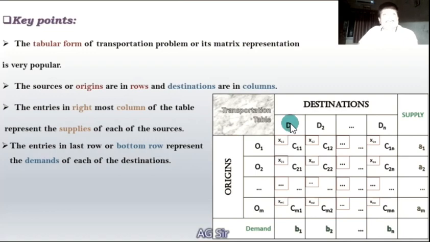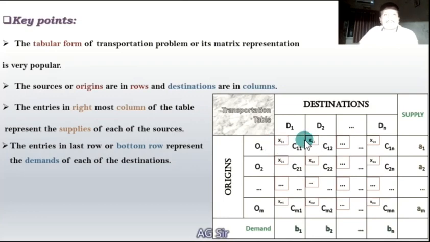How many units do you transport from the first origin to the first destination? Suppose you transport X11 units. Remember, the amount that you transport from any origin to any destination is placed in the northwest corner of this cell. So X11 is the amount you transport, and the per unit cost is C11.